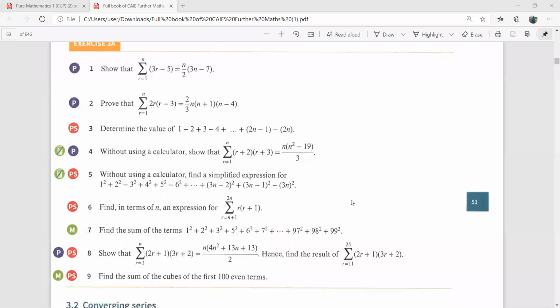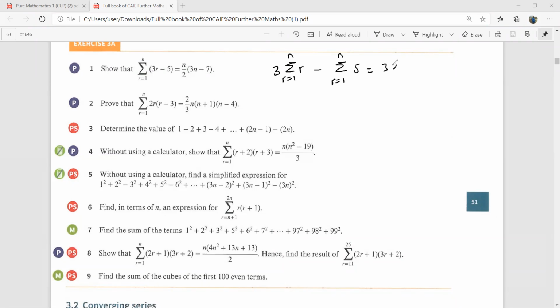Okay, if you look at the questions of this exercise over here, it says show that the sum of this. So if I can quickly show you how to do this, you would be saying, okay, this is going to be 3 times sigma r from 1 to n of r, and then you can split this, r from 1 to n, and then this is going to be 5, okay?